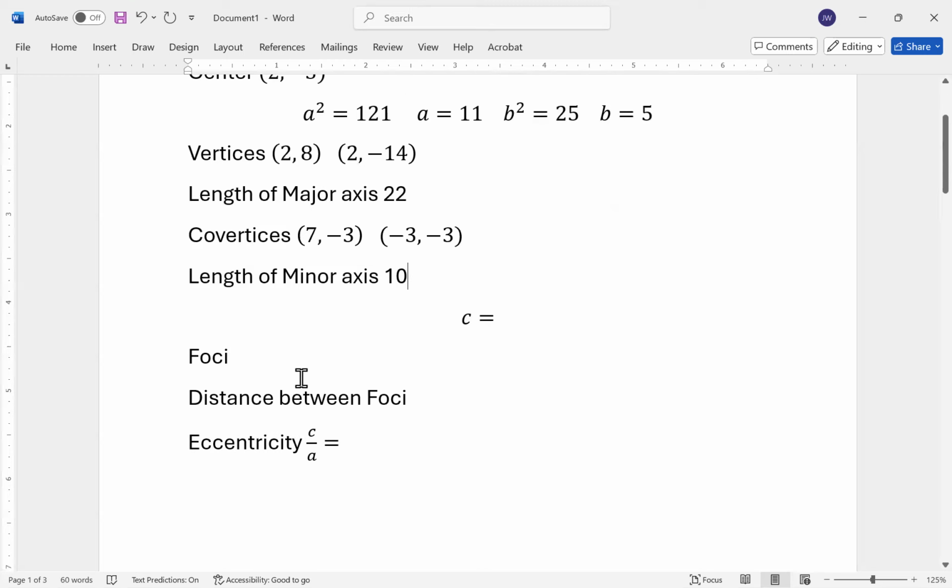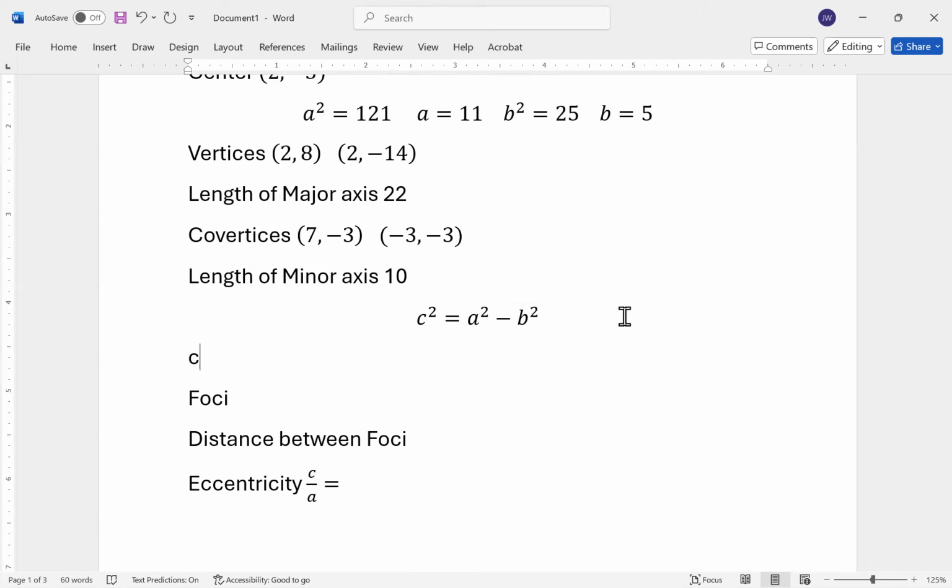To be able to get the foci, the distance between the two foci, and the eccentricity, I have to calculate c. And remember, for an ellipse, c squared is a squared minus b squared. In this case, that means c squared is 121 minus 25.